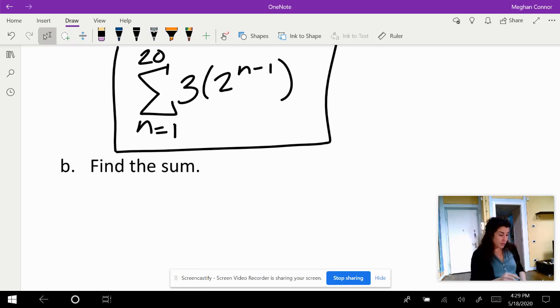And then if we're going to find the sum, we're going to practice using our sum calculations in here. Remember that we go to calculus and then 3 to get our sigma notation. So finding the sum, we've got n equals 1 all the way up to 20 of 3 times 2 to the n minus 1.